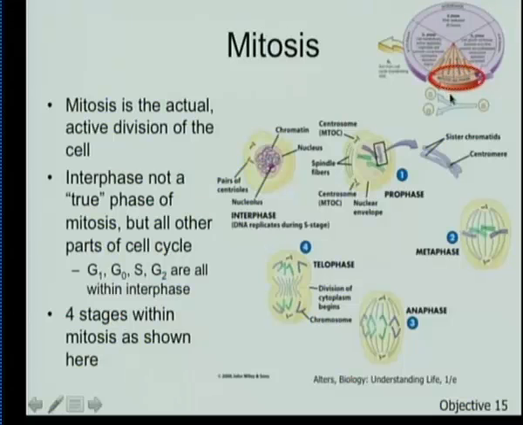The cell spends a small amount of time in its life actually dividing. So these would be the prophase, the metaphase, the anaphase, and the telophase. But interphase, where the cell's preparing for division and doing its cellular thing, the G1, the G0, the S, and the G2 stages are within interphase. And so we're showing them all side by side.